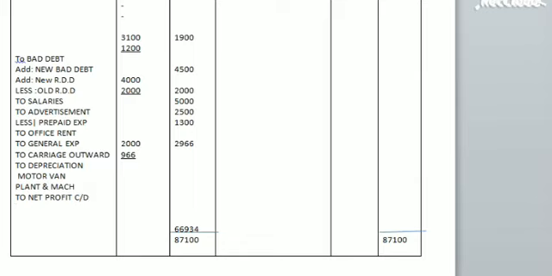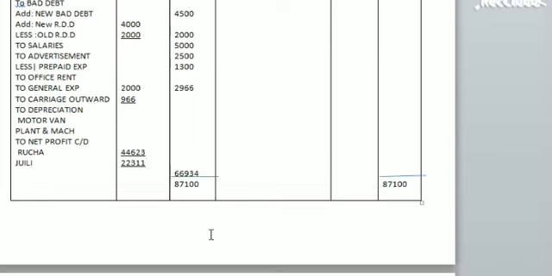Between the partners here, that is Rucha and the second is Julie, and the amount of distribution of Rucha is, we have distributed and therefore we got the amount 44,623, and the next is 22,301. Now this net profit we are going to bring to the partners' capital account credit side.